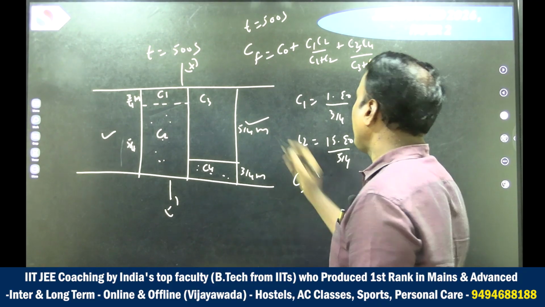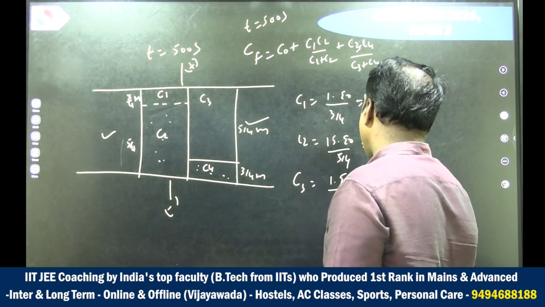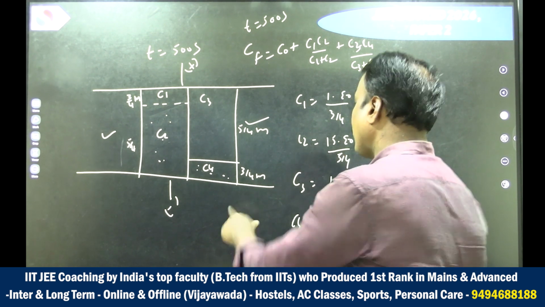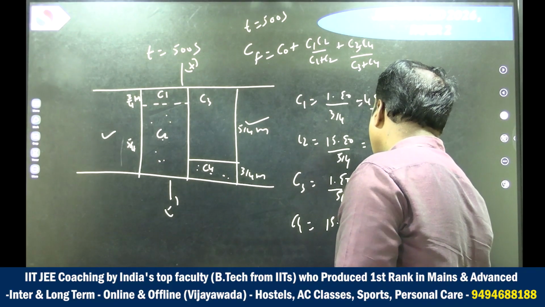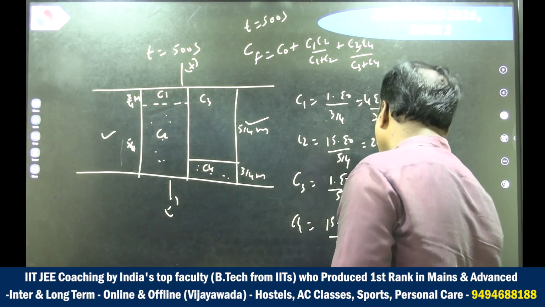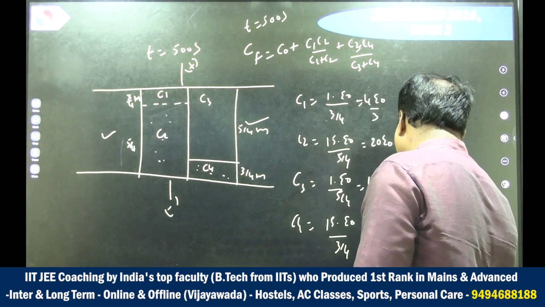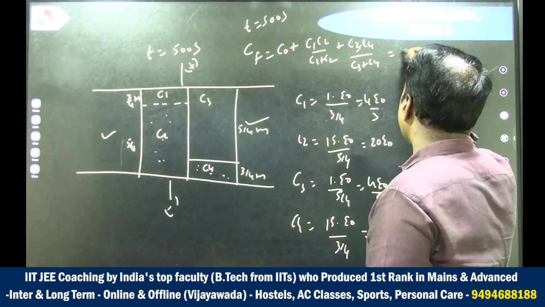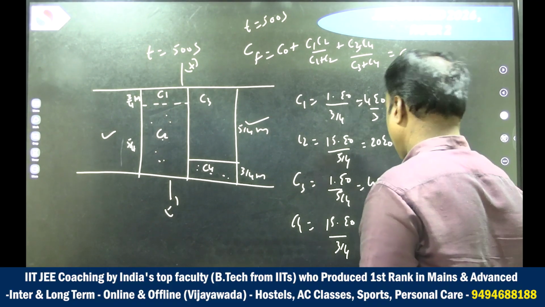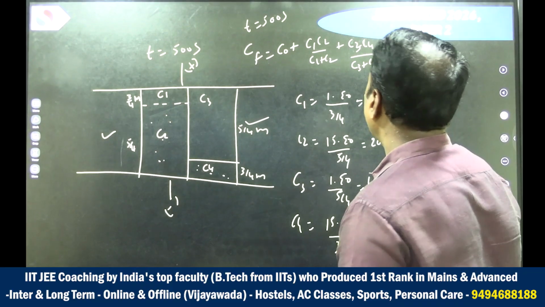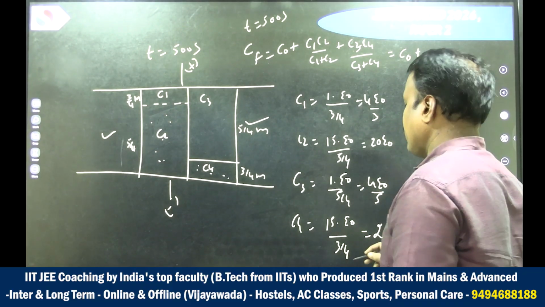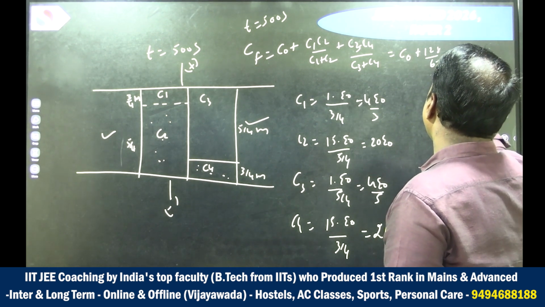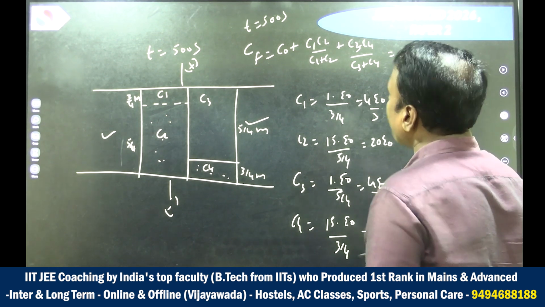Next, C3 was empty and having 5 by 4, so finally it will become the corresponding value. C4 was filled with dielectric, so now it will become 20 epsilon naught. After substituting all these things, we get the capacitance as C0 plus 128 by 65 epsilon naught.